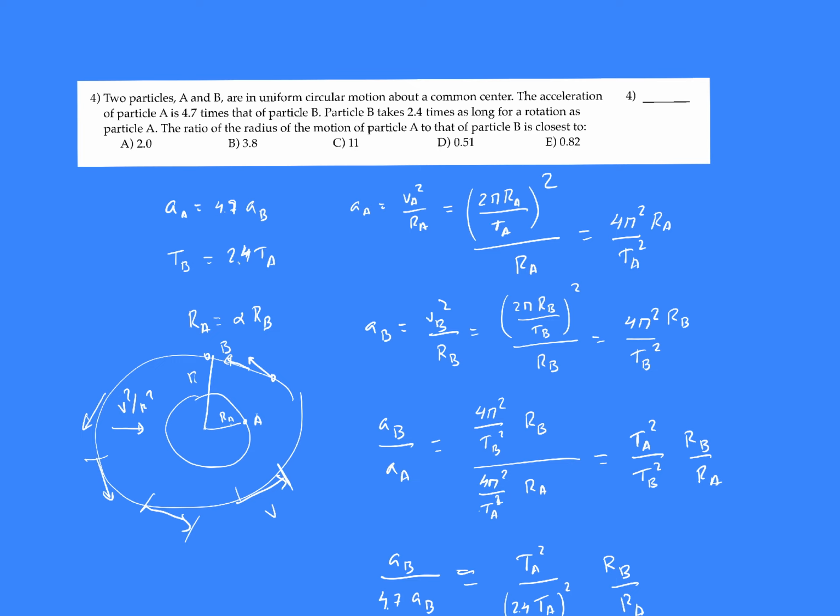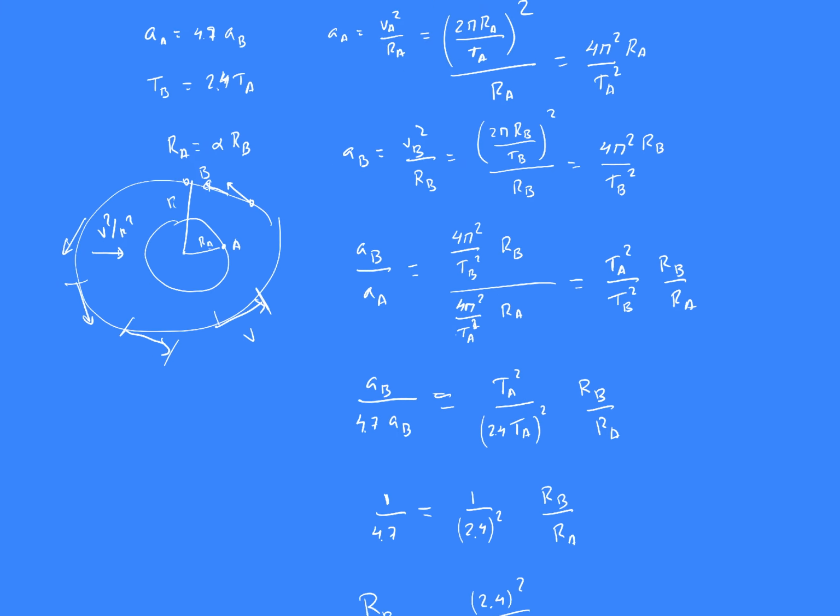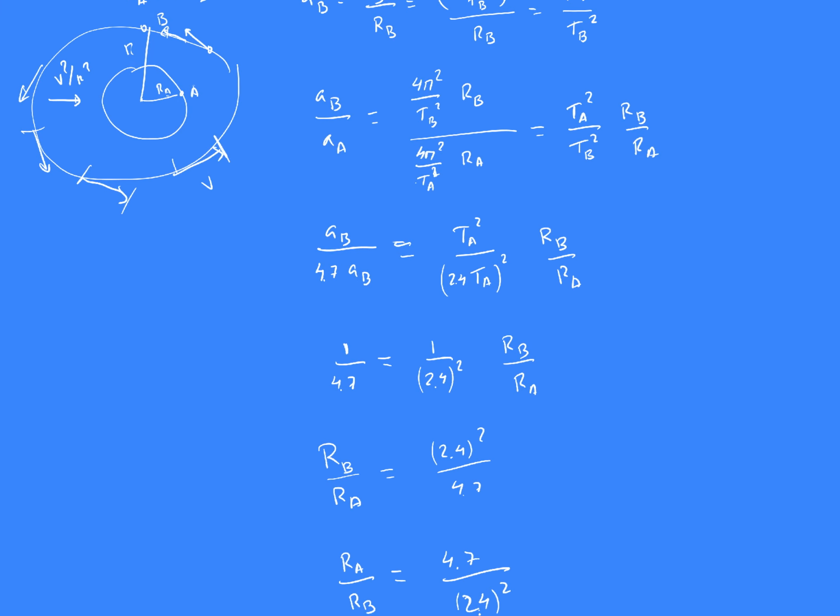If I make some algebra here, it will be 4 pi squared RA divided by TA squared, because one RA will be cancelled. For AB the same thing will happen. Now I have to find the relation, so I will divide AB divided by AA. If I divide, I will find that AB divided by AA is TA squared divided by TB squared times RB divided by RA.